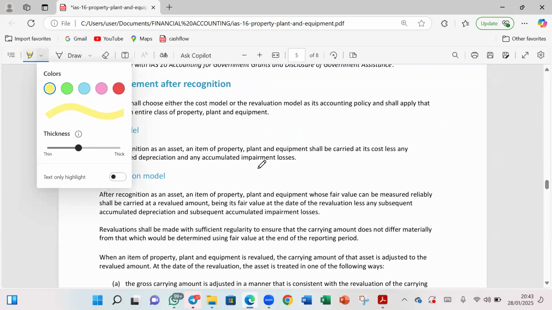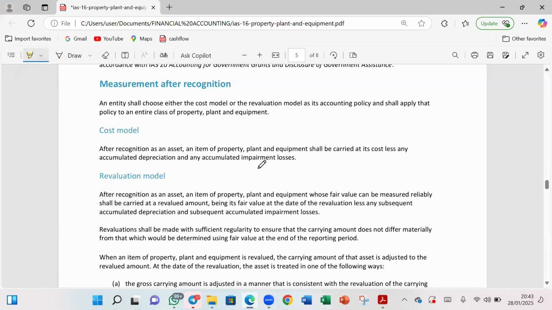An entity shall choose either the cost model or the revaluation model as the accounting policy, and shall apply that policy to the entire class of PPE. That one is very, very important.